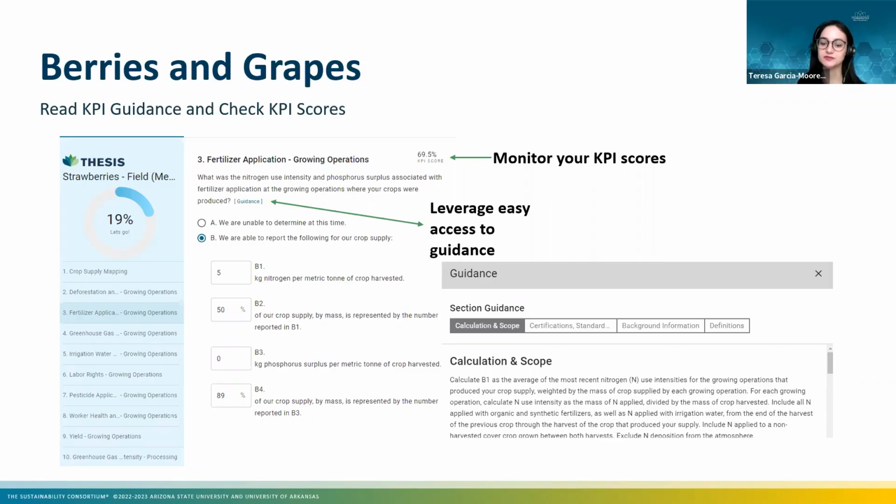And if you don't understand what some term in the question means, we also have a definition section that can help you with that. So we highly recommend that you check it out when you're completing your assessment.